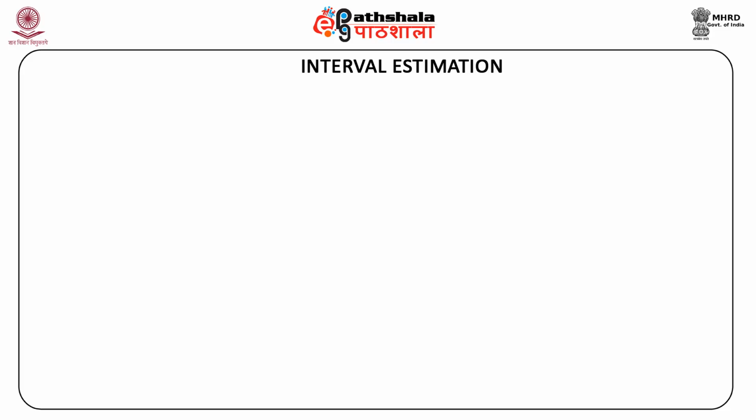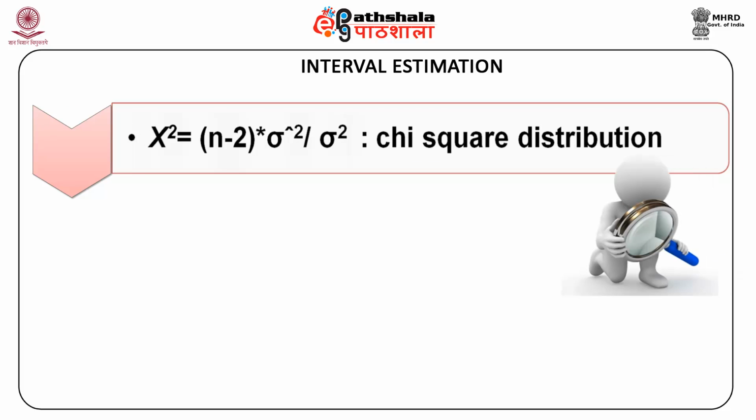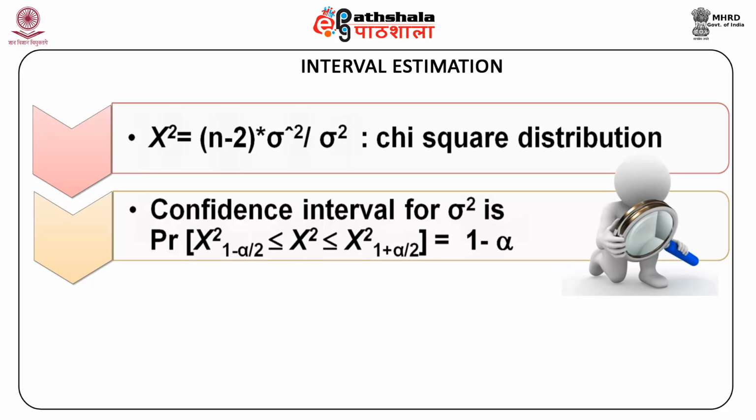Now let us look at the confidence interval for sigma squared. The statistic chi-square is equal to (n minus 2) multiplied by sigma hat squared divided by sigma squared, and follows the chi-square distribution with n minus 2 degrees of freedom. The confidence interval for sigma squared is Pr[chi-square 1 minus alpha divided by 2, which is less than chi-square, which is less than chi-square alpha divided by 2], the whole thing equal to 1 minus alpha.